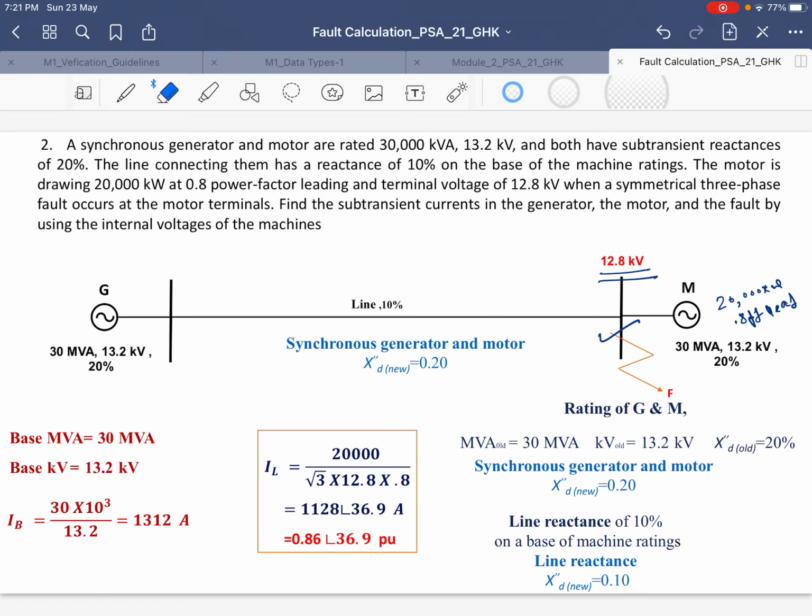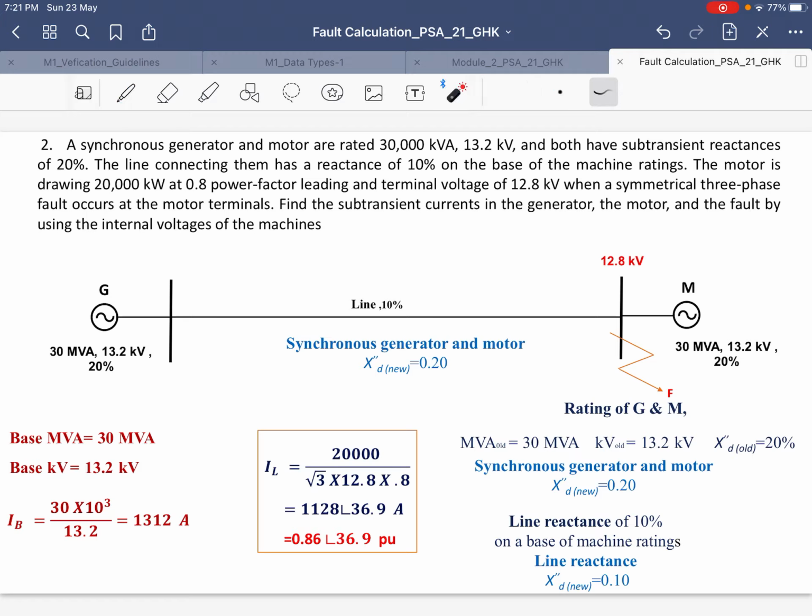This is the statement. Based on this, the first step of the problem is that you have to draw the reactance diagram for the given problem. For that, the base quantities you have to make use of are the machine ratings. That simplifies the total calculation here.